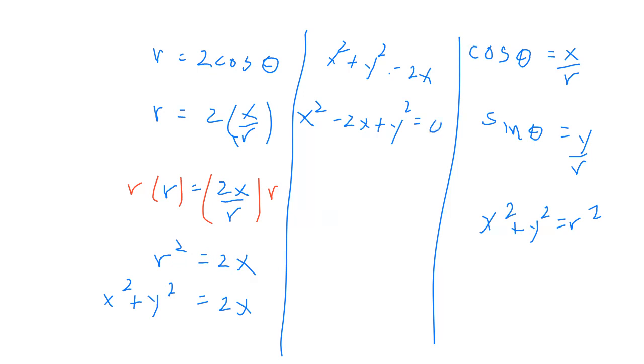Okay, so at this stage, what am I going to do? I want a circle whose center is (1, 0) and has radius 1. I want to get the standard form of a circle. So what do we have to do here?